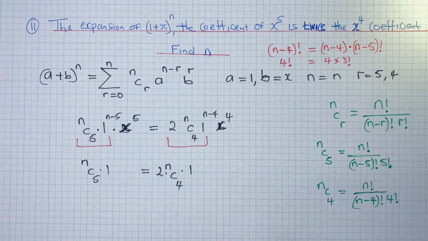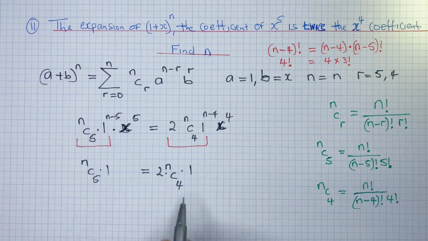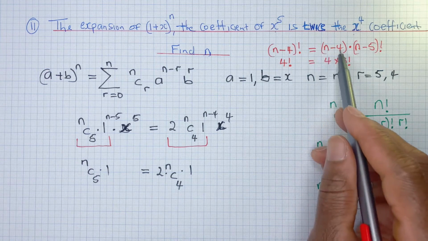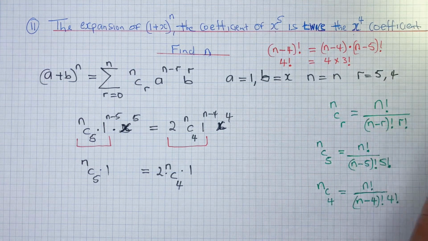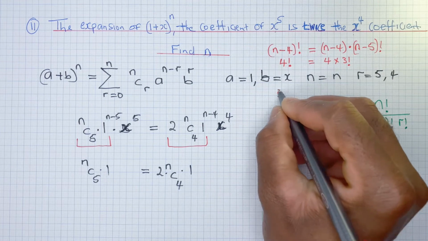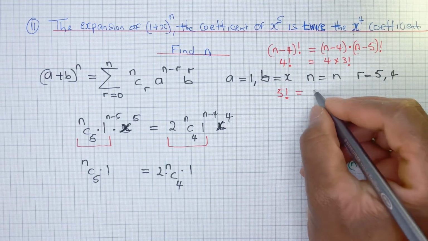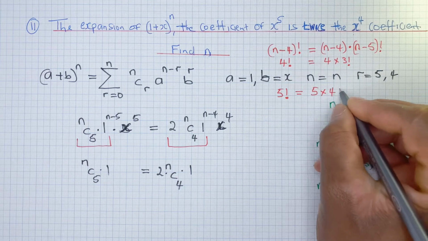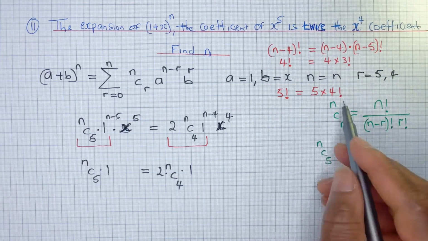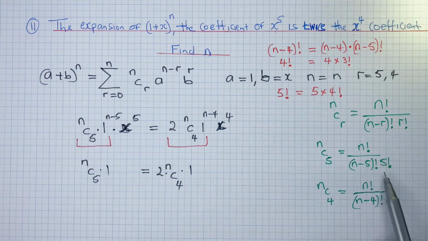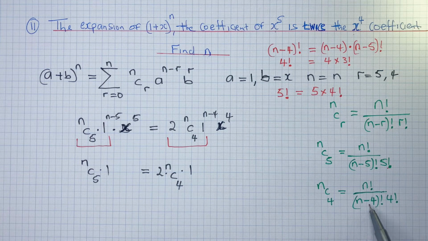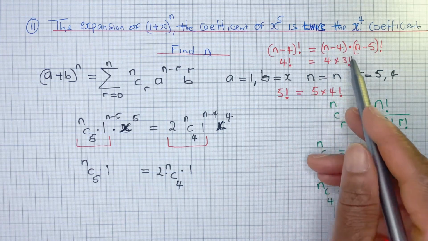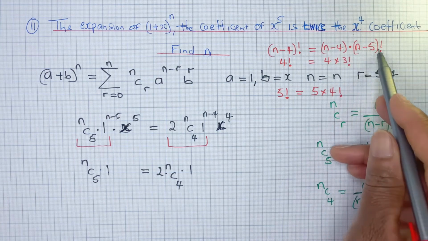Your factors, hence factorial. So now I could replace n minus 4 factorial by n minus 4 times n minus 5 factorial. I could also replace 5 factorial, which will become 5 times 4 factorial.